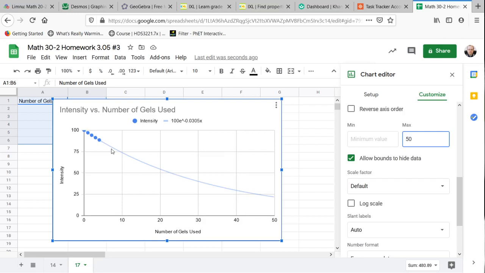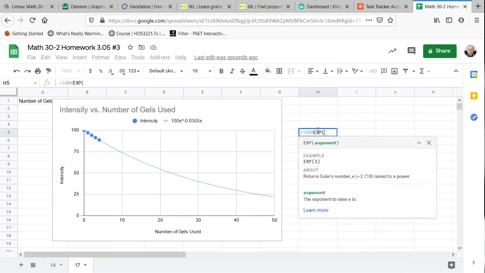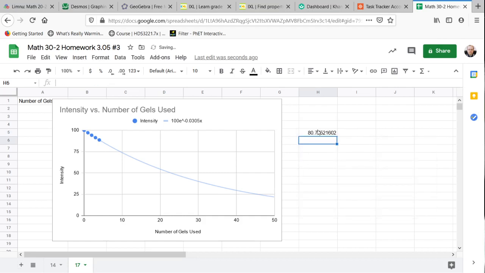So if we have 7 gels used in this case, this equation says we're going to have 100 times exp negative 0.0305 times 7 gels used. So that's going to get us down to about 81% of the intensity.